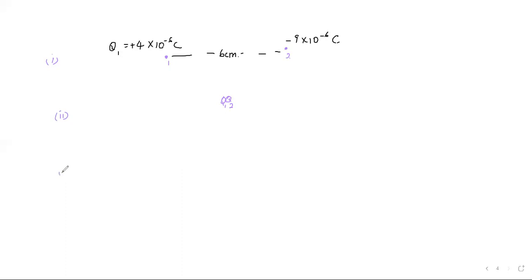The third part is that the two charges are brought back to their original distance of separation, which is 6 centimeters. There is charge 2 there. There is charge 1 there.